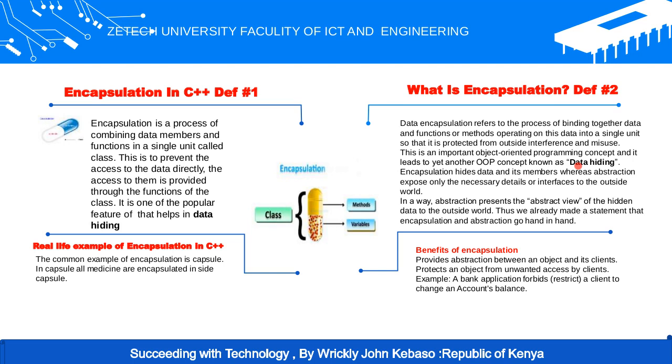So the functions and the mode of inheritance are actually the ones that implement abstraction. We'll talk about that in a moment as we proceed, but now we are concentrating on encapsulation.